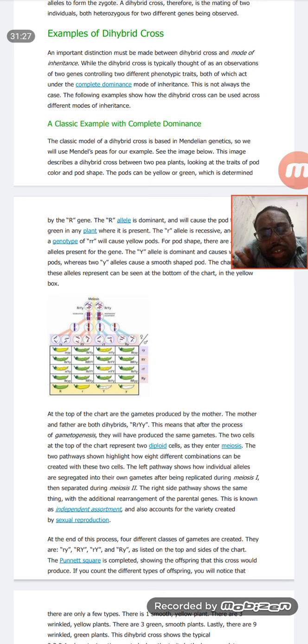That means a dihybrid crossing. This type of mixing of genes also takes place in us, because whenever meiosis is forming the gametes, through meiosis, when the gametes are formed, we have different characters in us.